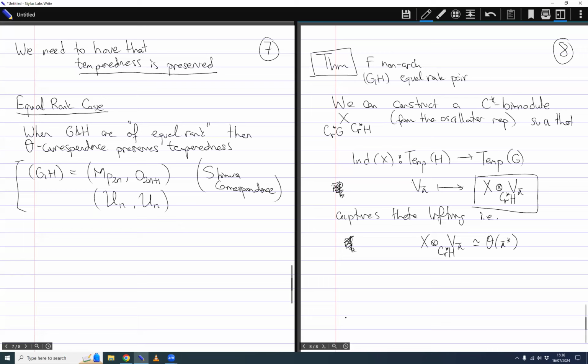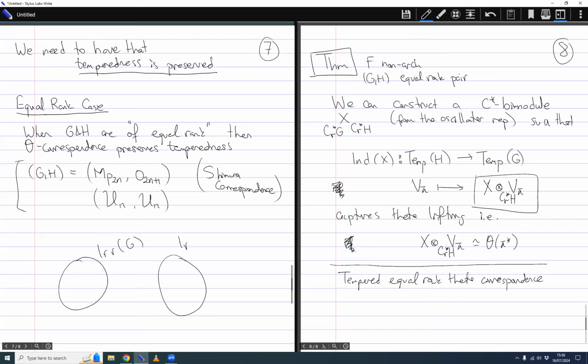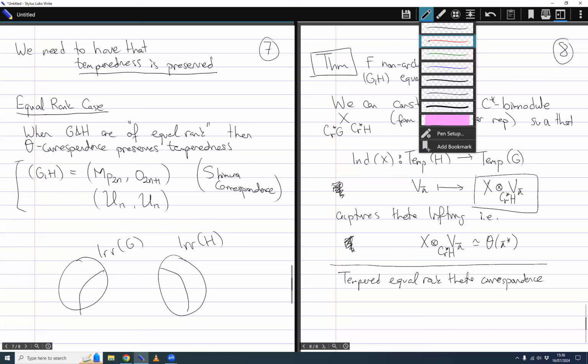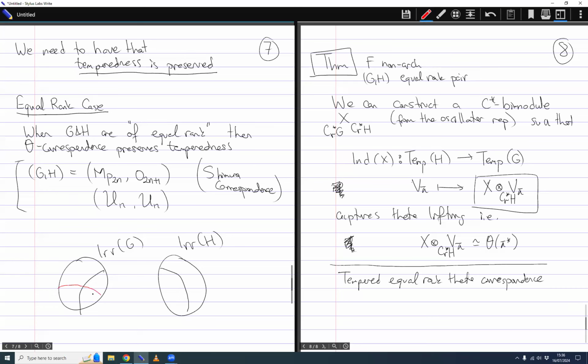And so this is the first thing. So basically it says tempered, in short, tempered equal rank theta correspondence. So I'm only looking at the tempered part, because remember, something's going on at the level of the whole admissible duals. Some part is matched in bijection with some part, but I'm only interested in the tempered ones here, because let's say this is the tempered dual sitting inside the admissible dual.